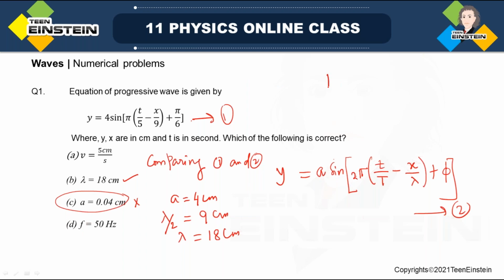So frequency means what? 1 by T means frequency. So here, what is there? See, pi and t. So this should be t by 2 actually, what you have here. So this is t by 2.